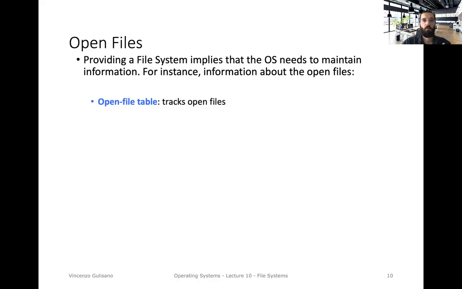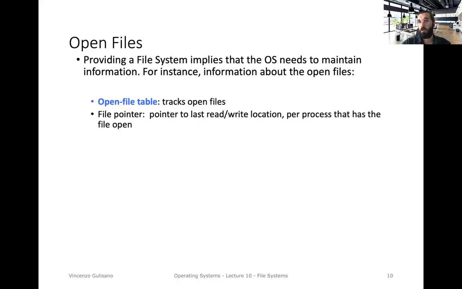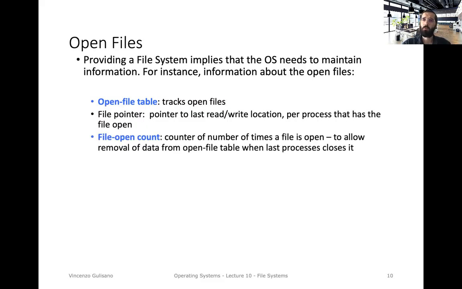The operating system keeps an open file table which tracks which files are open, pointers for each file, so that if you are doing a sequential read, for example, you can keep track of the last thing that was read or written to a specific file. It needs to keep a counter for each file. Imagine different processes are reading from the same file, then the operating system might read the file only once from disk and then give this to several processes.